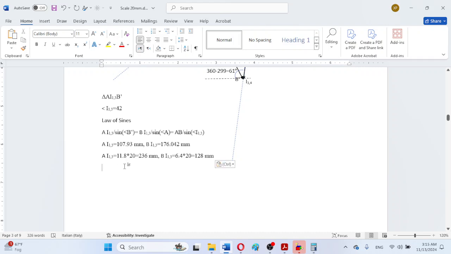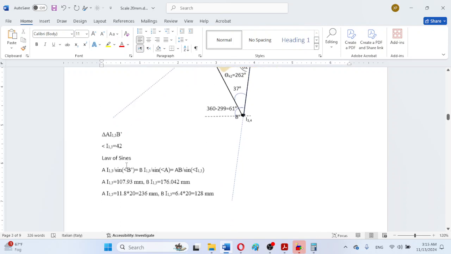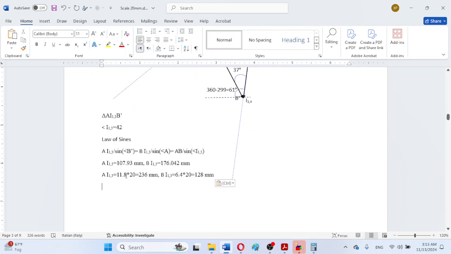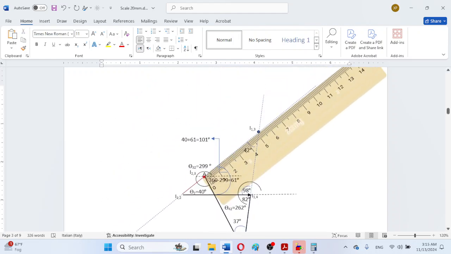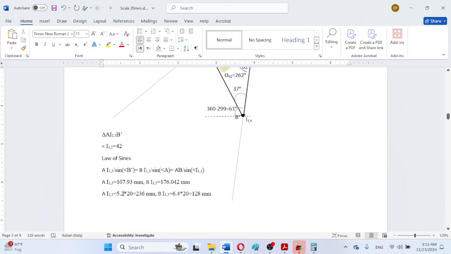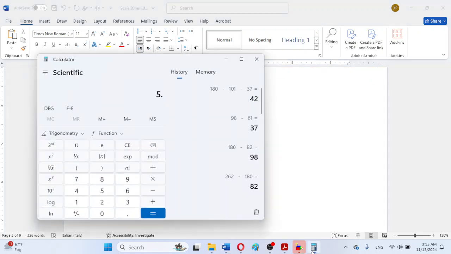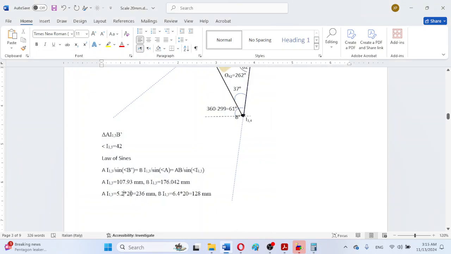So here we can observe that AI13 is equal to 5.2. 5.2 multiplied by 20 comes out to be 104 millimeter.